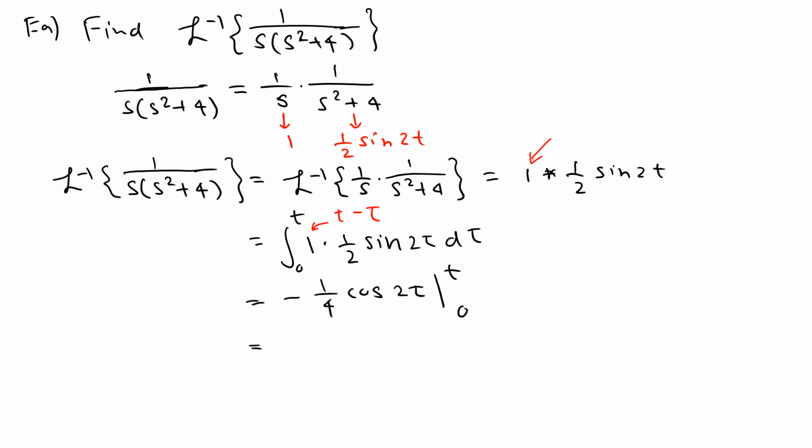So your answer is going to be 1/4 minus 1/4 cosine 2t. You can see that this is much simpler than the partial fraction method for this one. So sometimes it's much easier. It depends. Okay, so that's about that.